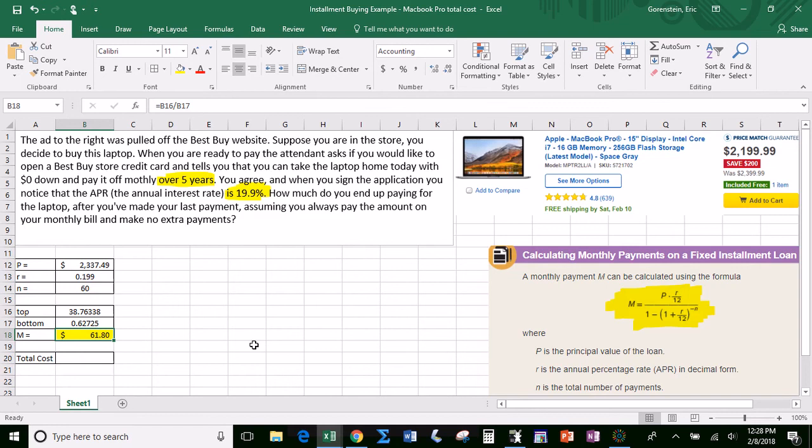So the big question here is, what does the laptop cost you? For 5 years, you're making these payments. At the end of 5 years, you own the laptop. How many dollars have you actually spent over those 5 years? Well, you're making 60 payments, so we're going to do 60 times this number.